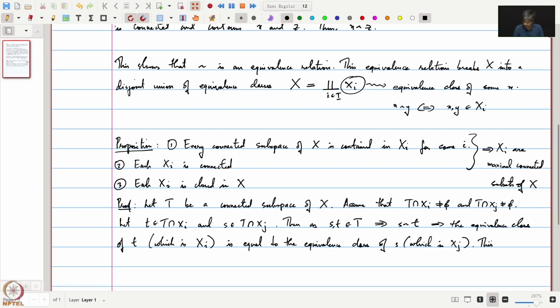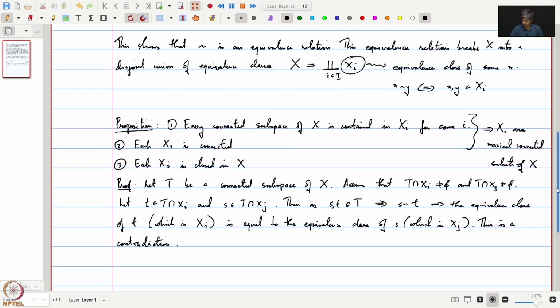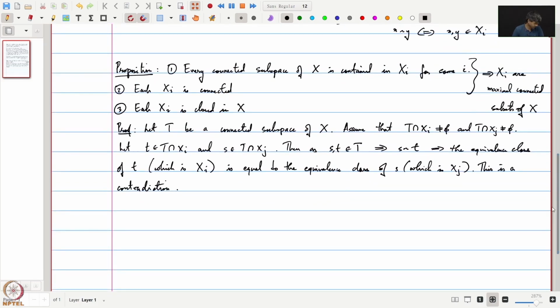And this is a contradiction, because Xi is not equal to Xj. So therefore, given any connected subspace, it can be contained only in one Xi. Okay.